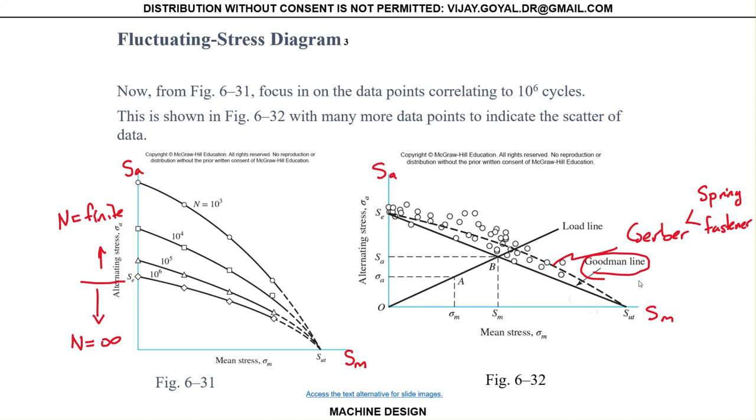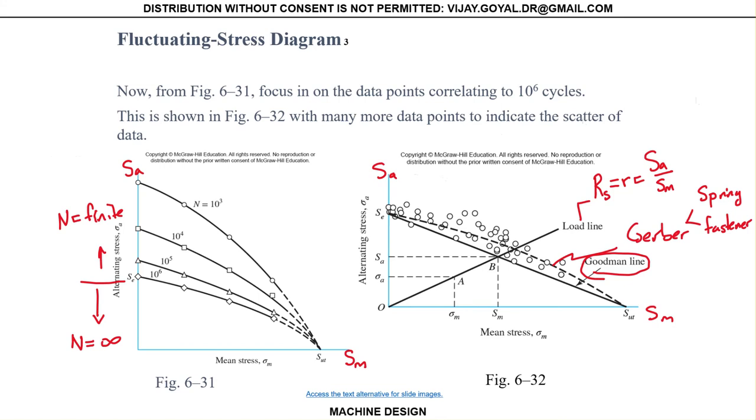It's easy to use, it's simple, it's not that conservative, and is quite acceptable with the test data as well. This is a load line, and to draw the load line, I call this RS. Your book calls it small r. It's all the same. It will be sigma A divided by sigma M. This is how these plots are drawn.